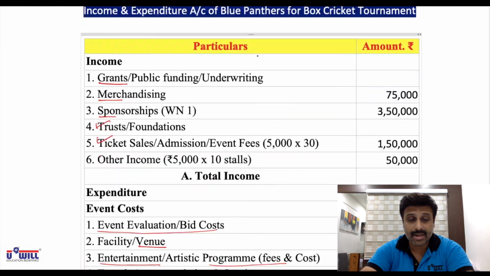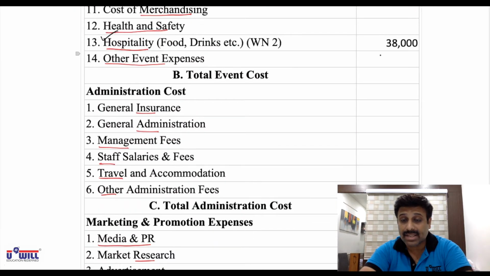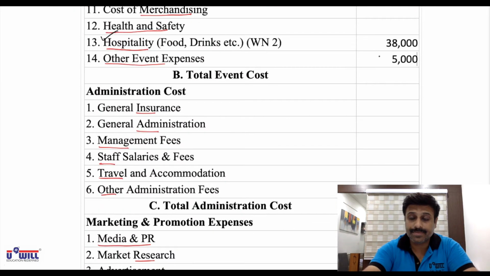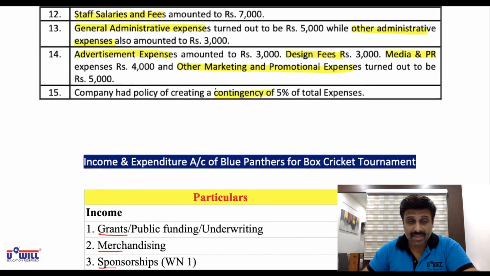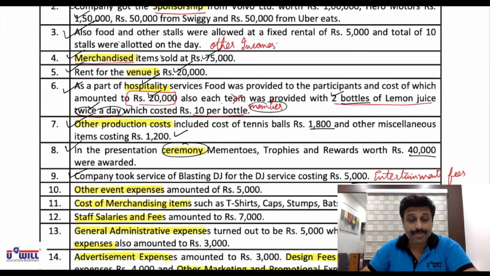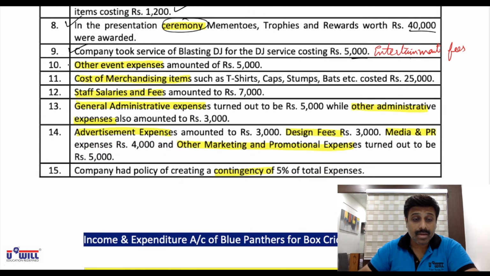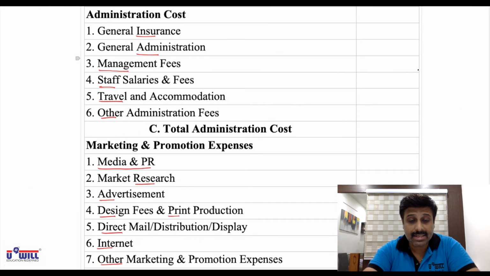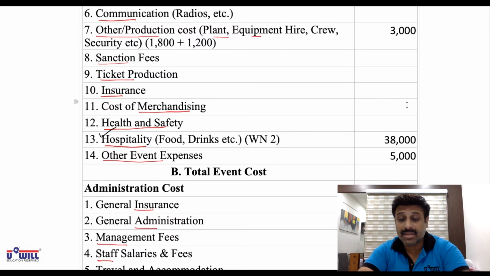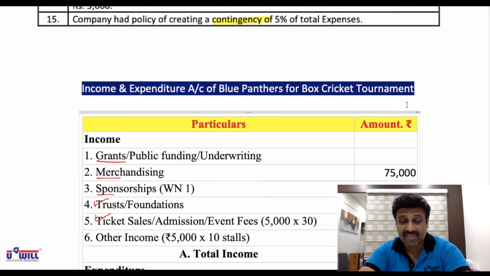Then after entertainment fees, other event expenses amounted to 5,000. So we can write it in other event expenses, 14th item, 5,000. Then after other event expenses, cost of merchandising items was 25,000, t-shirts, etc. So cost of merchandising, that is item number 11, 25,000.